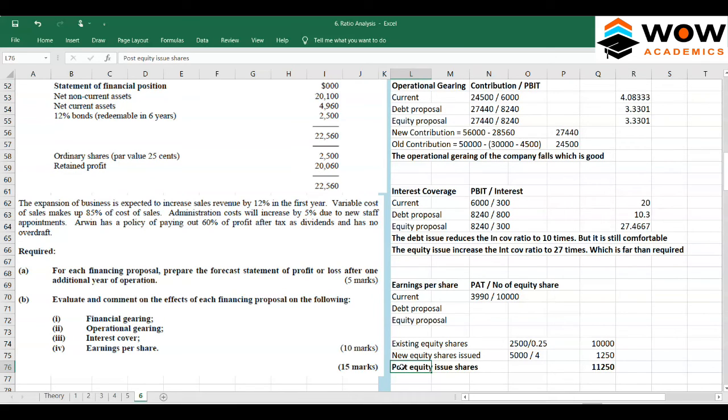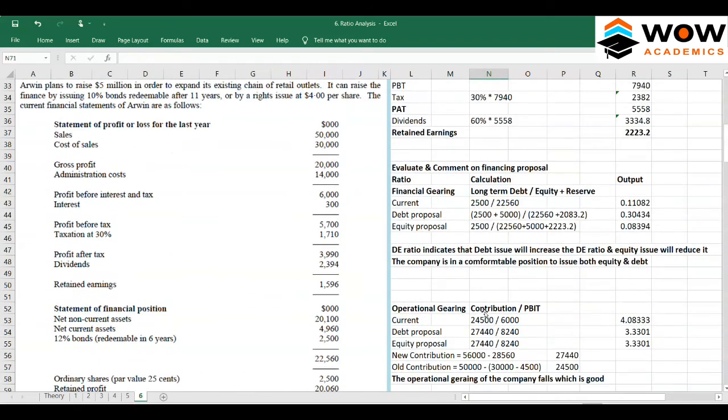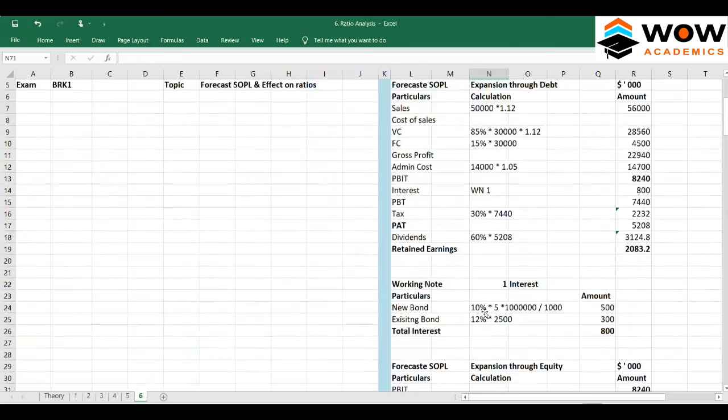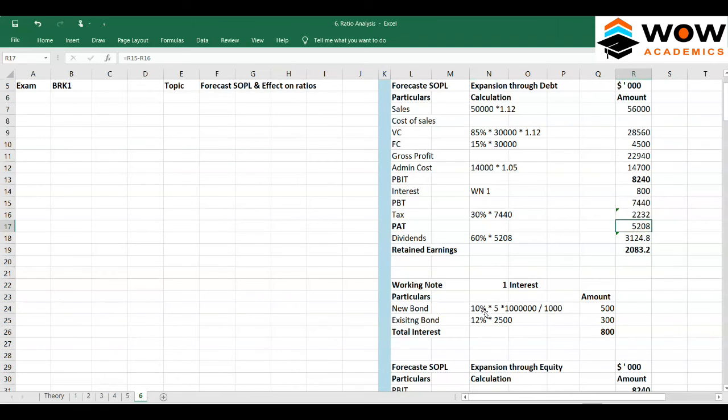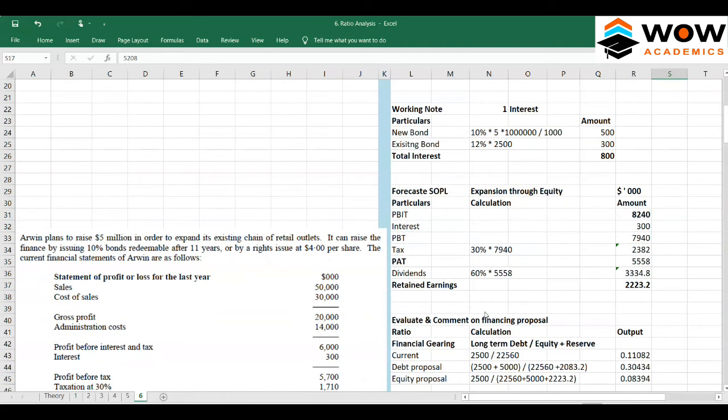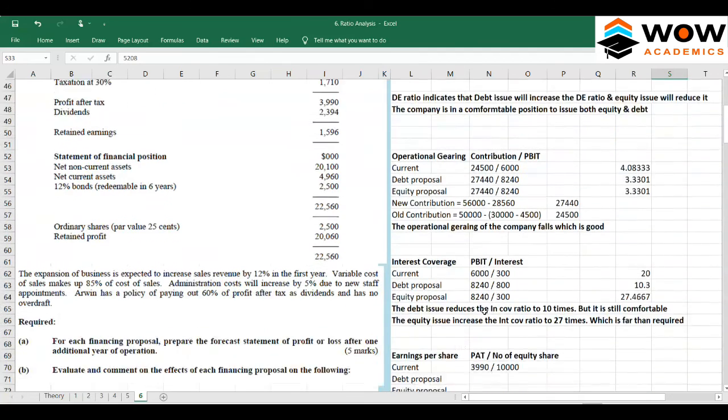So we'll get the PAT first. PAT for debt issue is this number, and PAT for equity issue is this number. So we have got both.